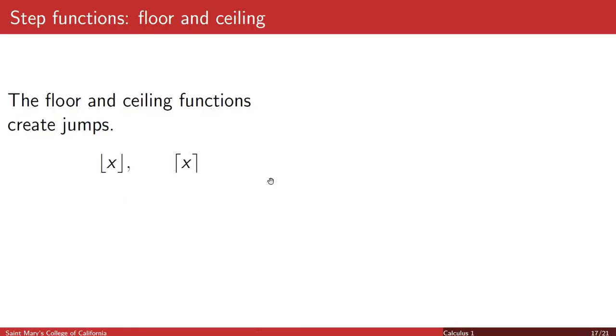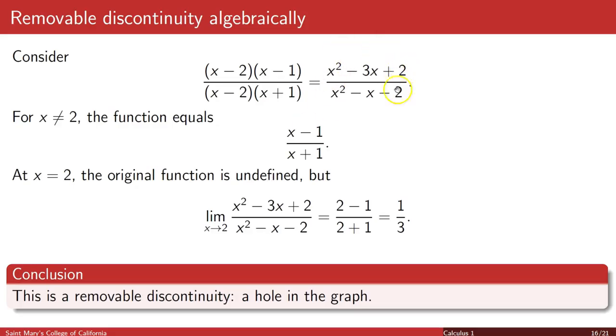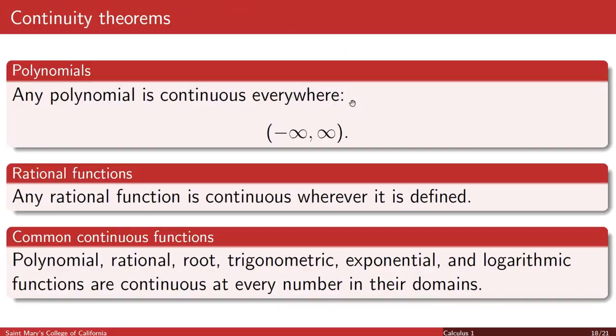Let's look at the rational function we had a second ago. If we plug in 2 or negative 1, it's undefined, so it's discontinuous, but everywhere else it's continuous. So any other number except for 2 and negative 1, this function would be continuous. Actually lots of things are continuous most of the time. Polynomials, rational functions, etc. They're continuous as long as the point is in their domain.